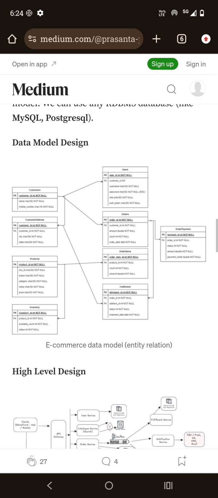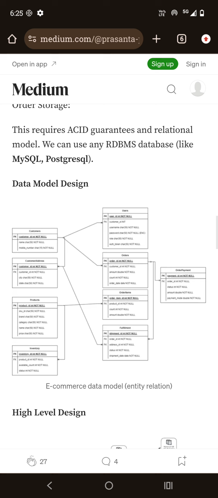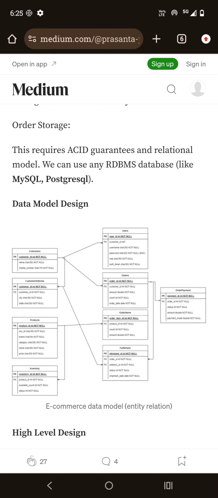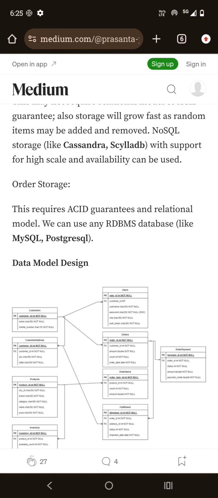If it is Cassandra, it is a key value based, column oriented database. So every NoSQL database will have its separate data model. MongoDB is a document based architecture. Cassandra is key value, and graph databases are there, and some other databases also.